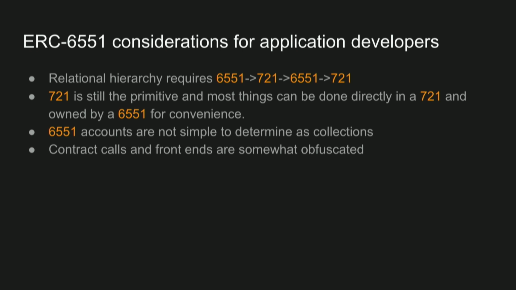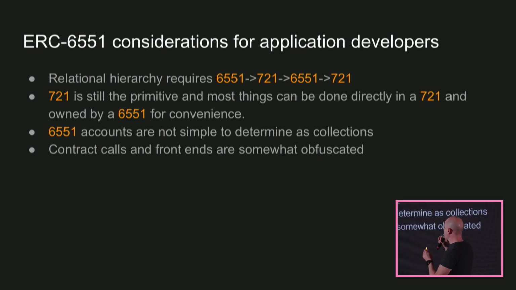But there are some considerations you need to make if you want to use a 6551 in this way. If you want to have a relational hierarchy with that, you're going to have the 6551 721 problem, meaning that the first 6551 that you own, you have to actually own the 721.